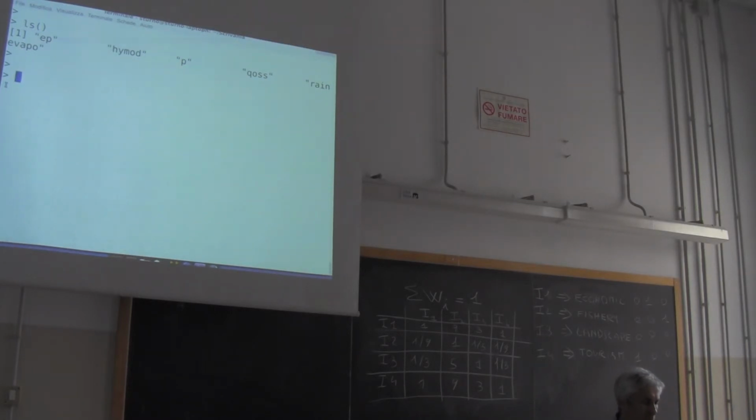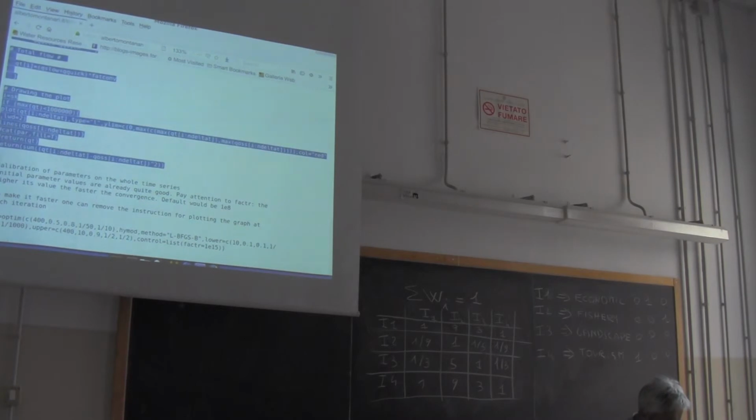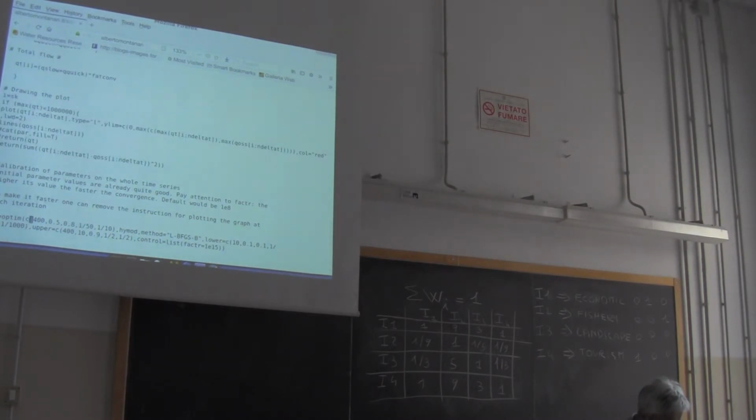What we did in our exercise was to try to apply it with a given set of parameters, and therefore I can write iMod, and let me take for parameter values these ones that I have given in the code because they are quite good already.